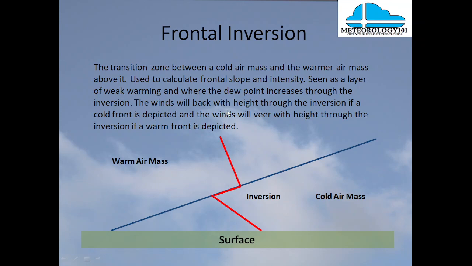The winds will back with height through an inversion. If we see it on that wind barb chart, when you plot the winds, if those directions are turning clockwise, they're veering with height. If they turn counterclockwise, they are backing with height.